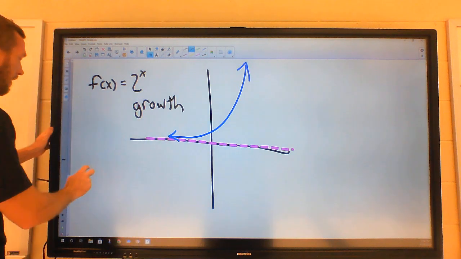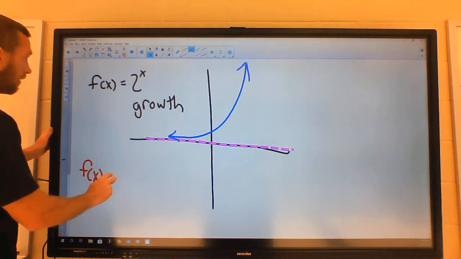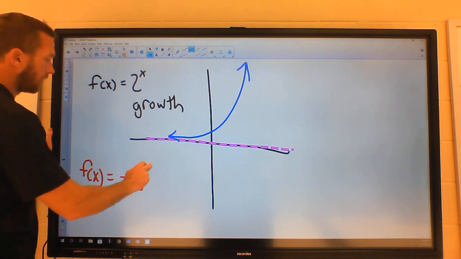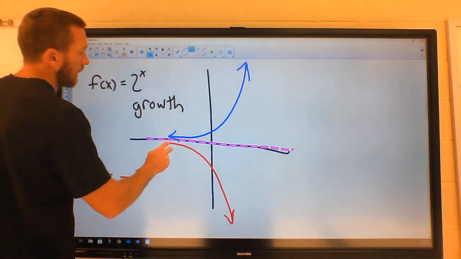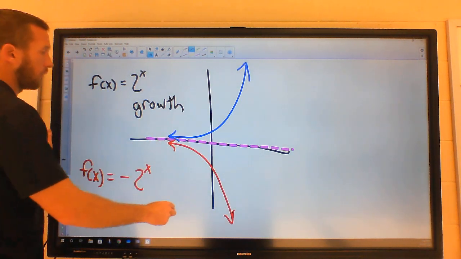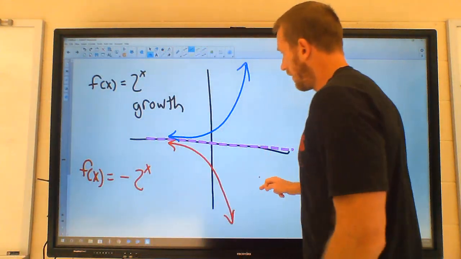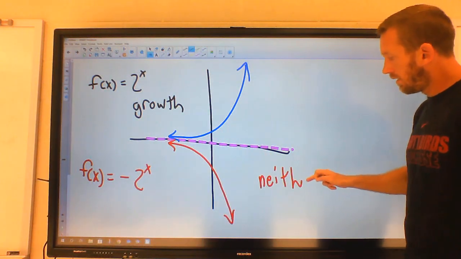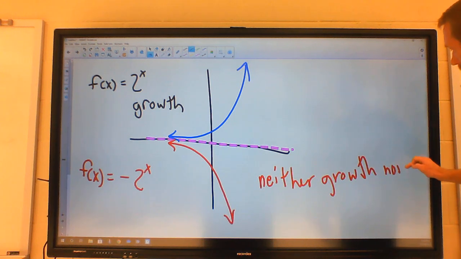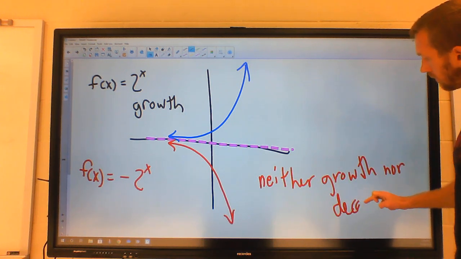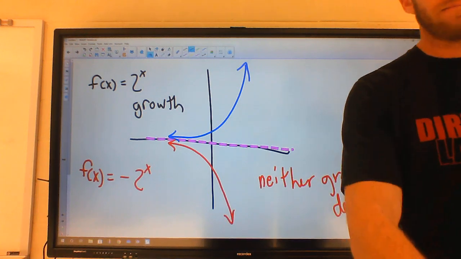And then if we had negative of 2 to the xth, that would look like that. It's like the mirror. And we would call this neither growth nor decay. All right?